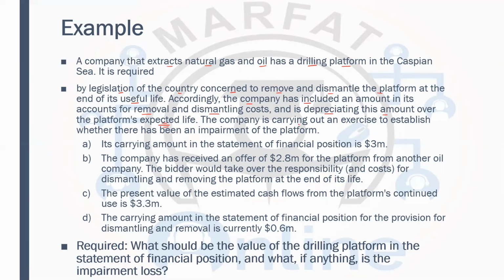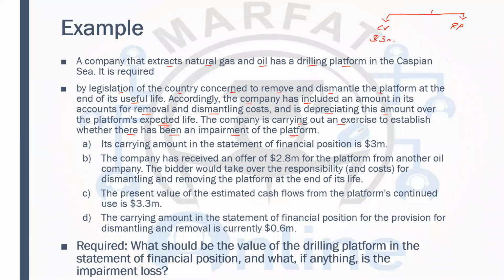The company is carrying out an exercise to establish whether there has been an impairment of the platform. Now whenever we are conducting an impairment review, again, we need two figures. We need to compare the carrying value with the recoverable amount. Its carrying amount in the statement of financial position is 3 million.